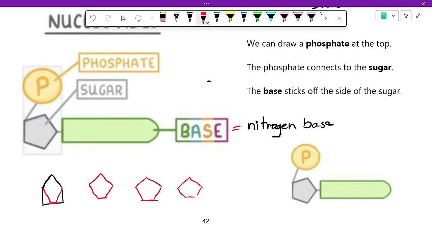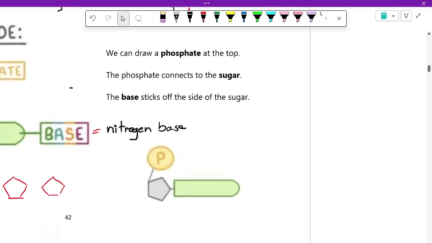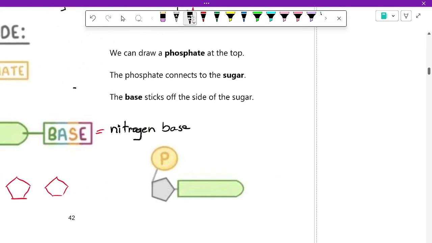Okay, so now we are going to practice drawing one pentagon, and off the top we're going to draw a phosphate, P, and off the side, we're just going to draw a rectangle.